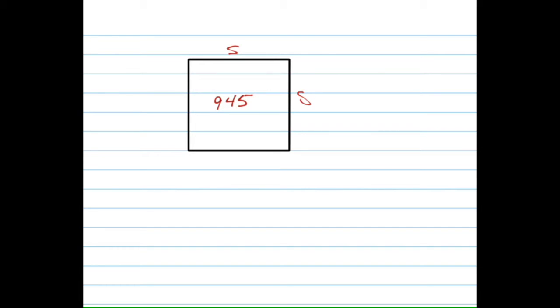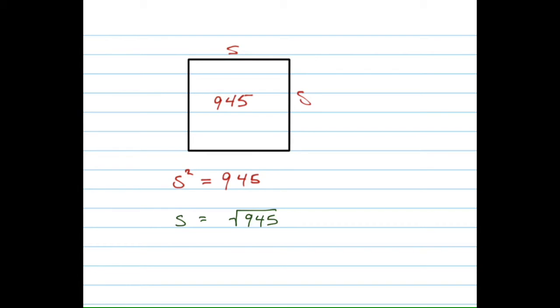Right? And the area of a square is the side length squared. That means that the side length must be the square root of 945.